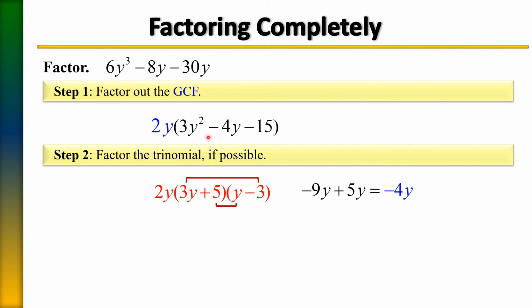So the middle term, when the coefficient is some number other than 1, refers to the signs of your outer and inner. Because notice outer and inner did give me my middle term of negative 4y. So that is the correct form of factoring it. 2y on the outside, your GCF, which has to be a part of your answer, followed by 3y plus 5 times y minus 3.